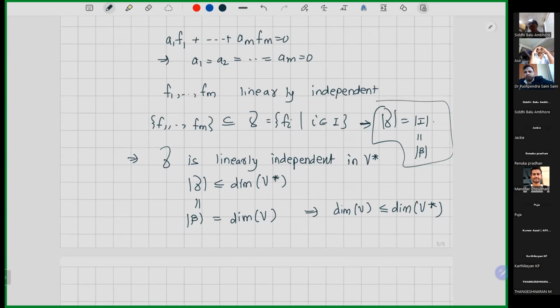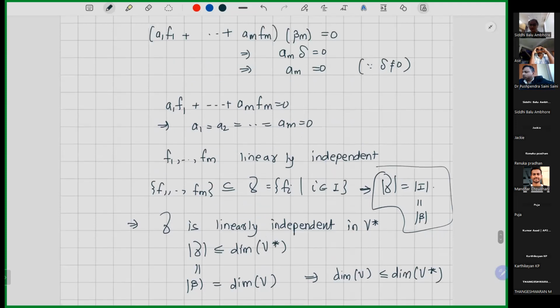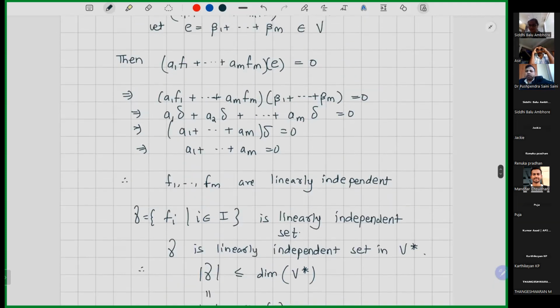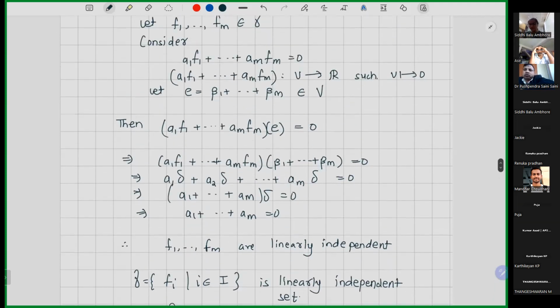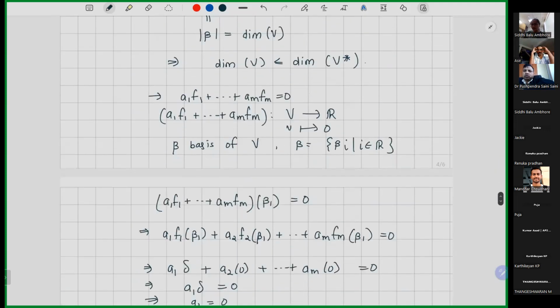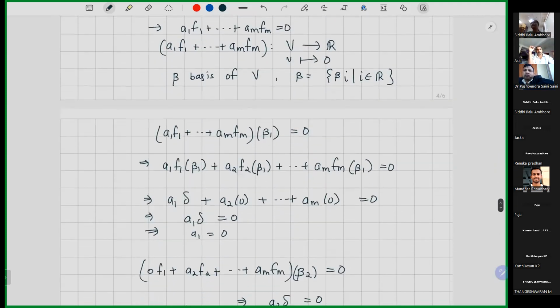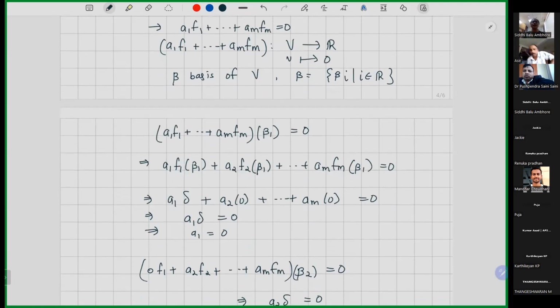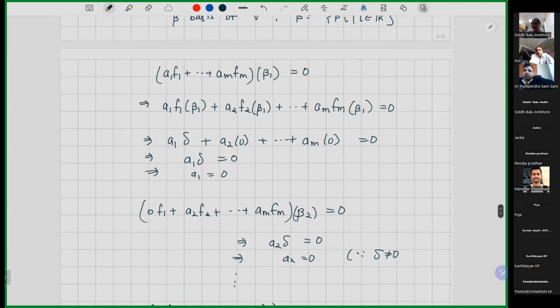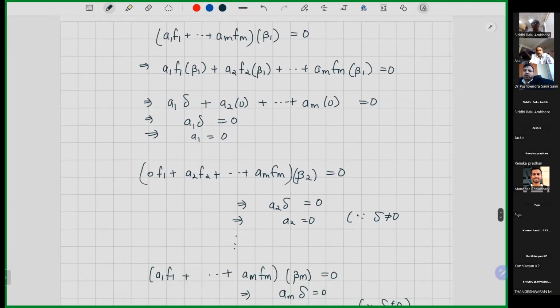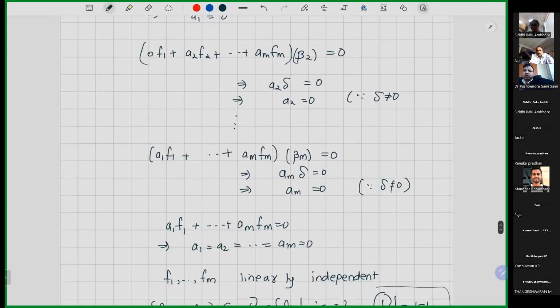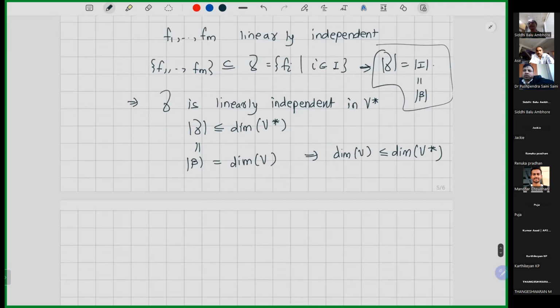Sir, is it clear now? Thank you for pointing this out, because I maybe was thinking something else. We have to evaluate it at beta 1 to beta m and get that all the coefficients are 0. So is it clear that the dimension of V is less than or equal to that of V star?